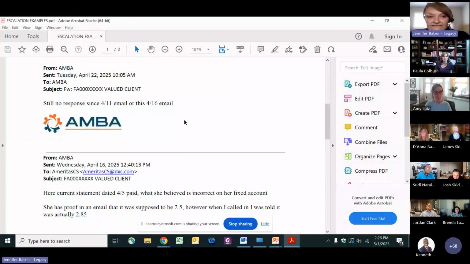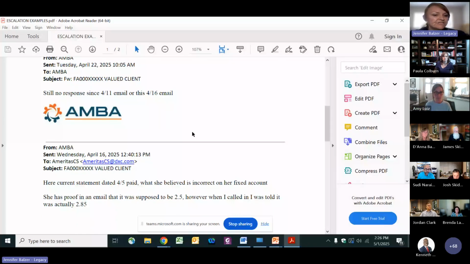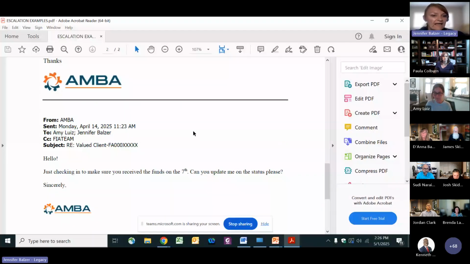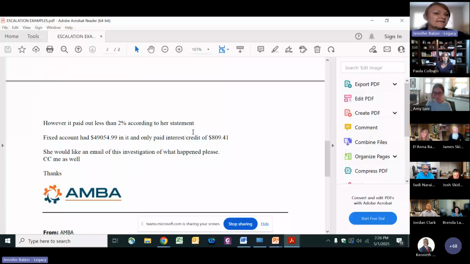Another good example of an escalation that was actually warranted is a situation where you can see here that the agent had contacted Ameritas on April 16th.